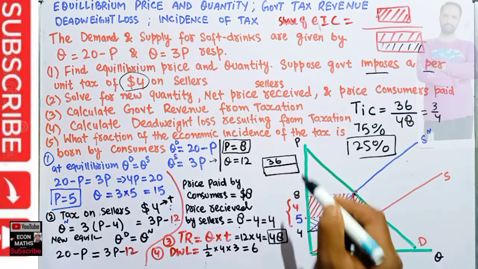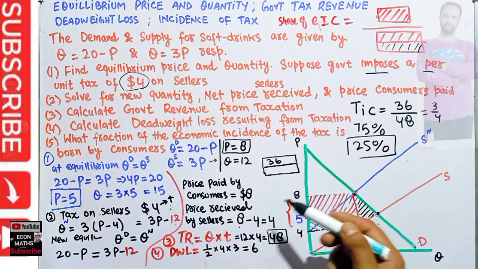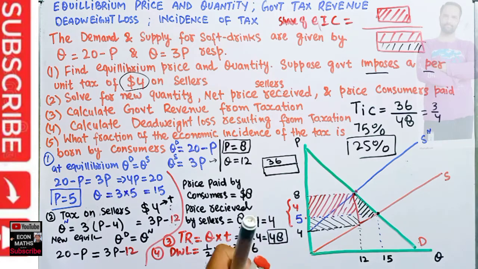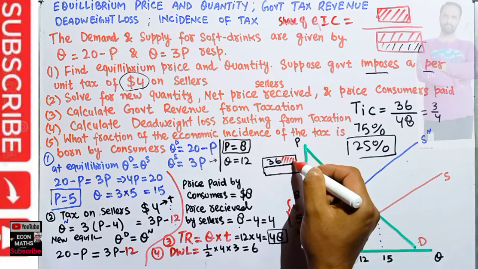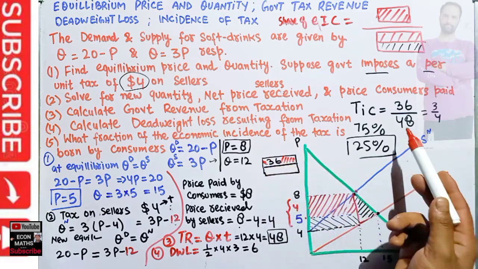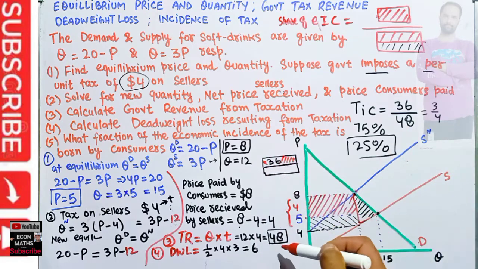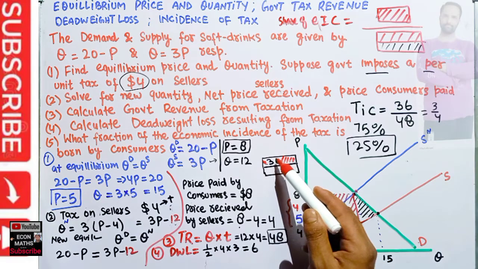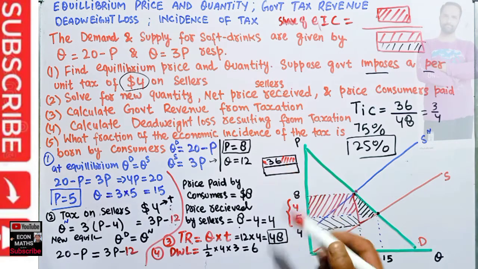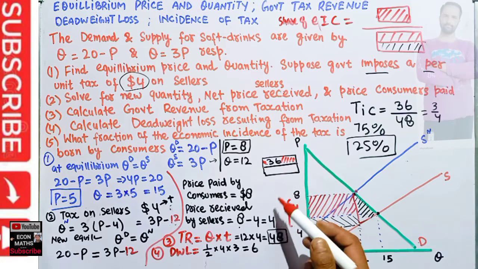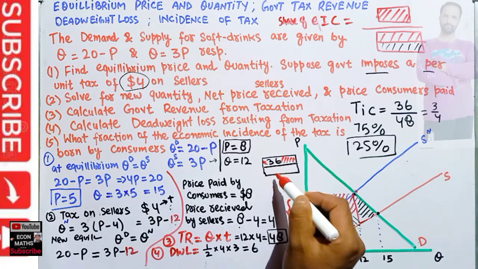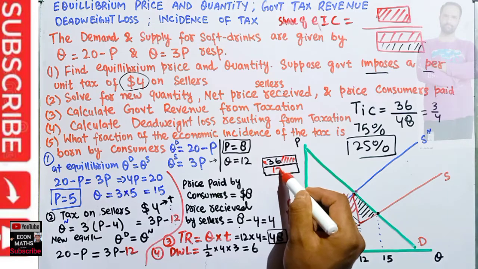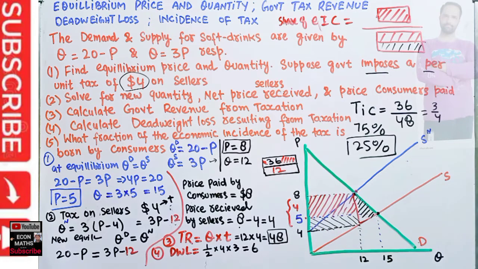So $36 will be shouldered, or borne, by the consumers. If it is 48 in totality and 36 is being borne by the consumers, the rest will be 48 minus 36, which is equal to 12. So only $12 will be borne by the sellers.